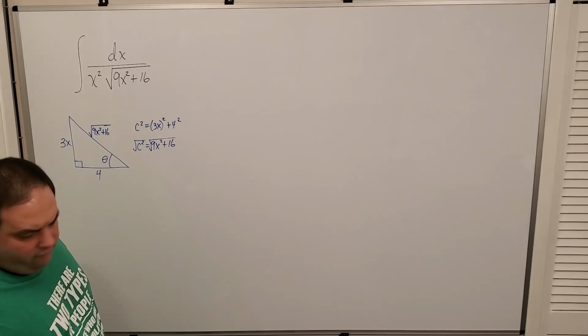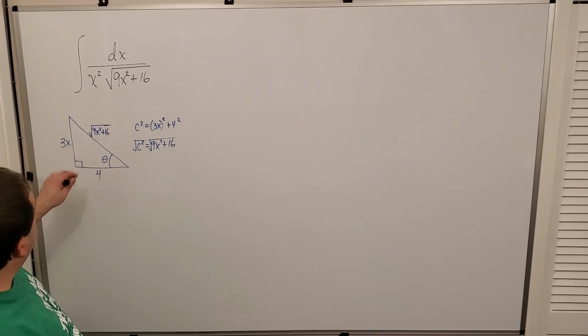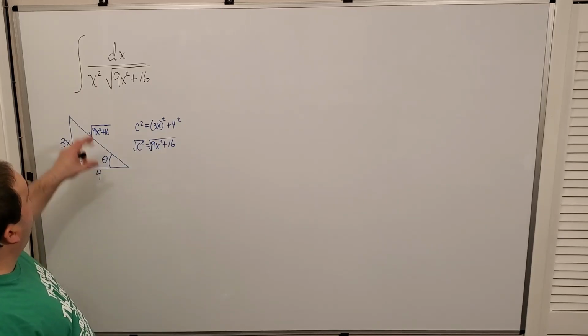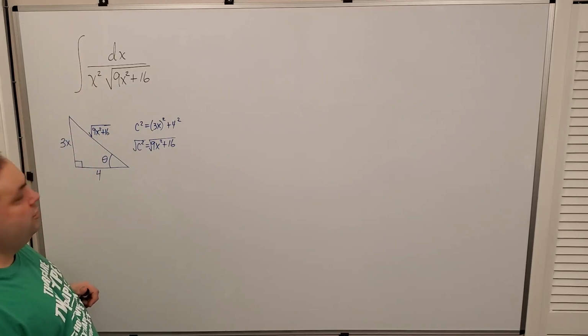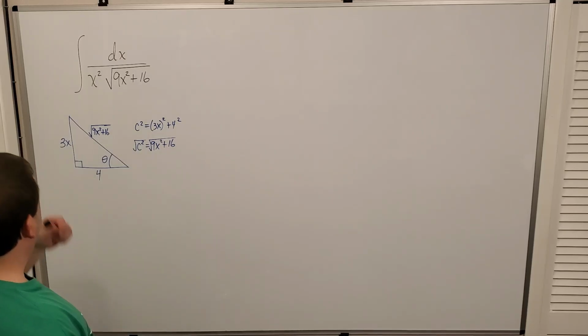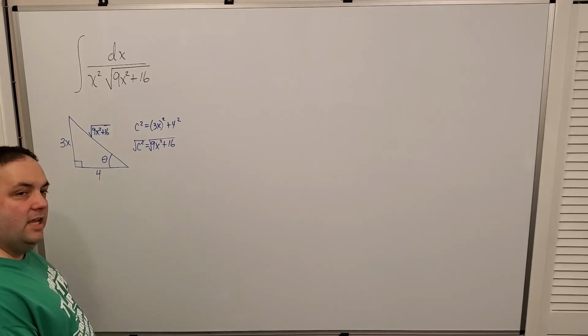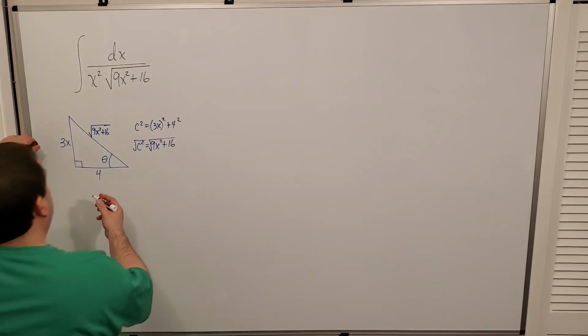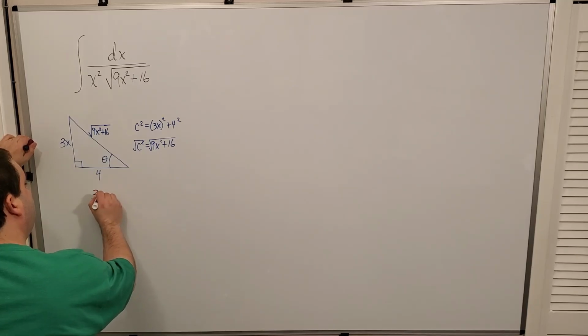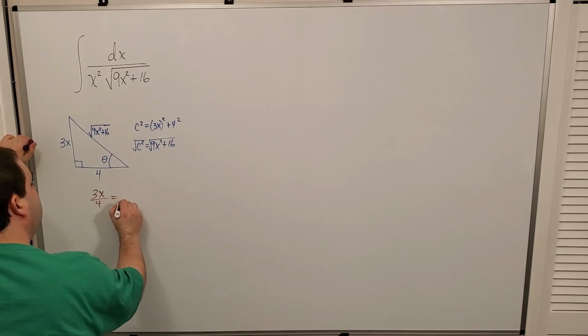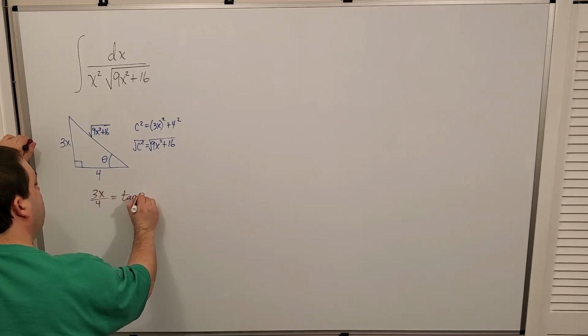Okay, so from the triangle setup here, I can find out what all of my different substitutions are going to be. First and foremost, I notice 3x divided by 4 is opposite over adjacent. That's tangent of theta. So therefore, 3x over 4 is equal to tangent of theta.